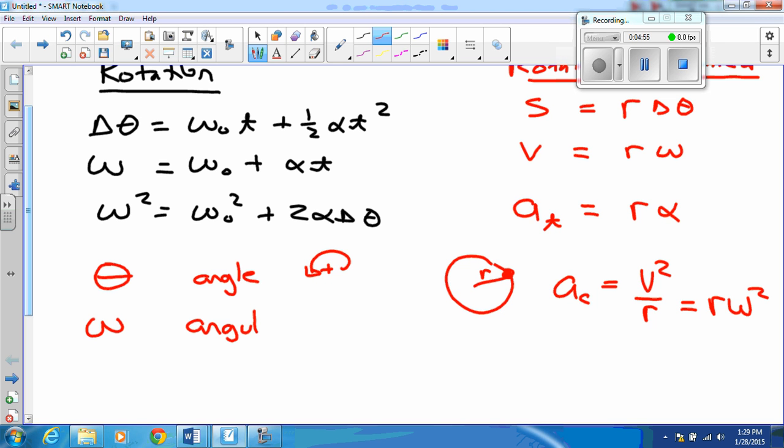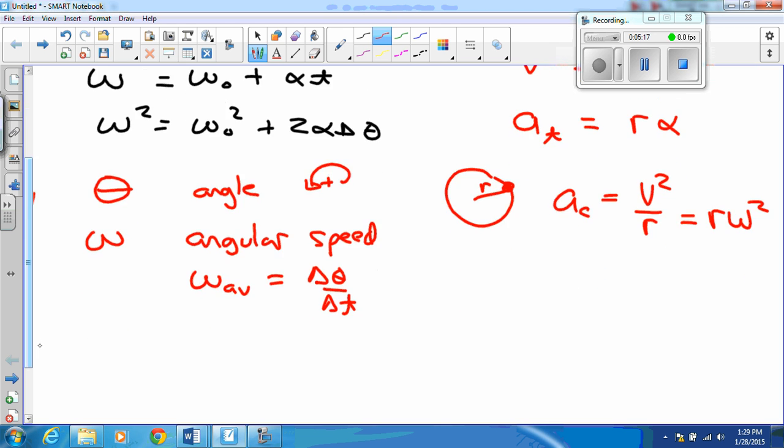Omega is the angular speed. It is the rate of change of angle, so that an average omega will be your change in angle over your change in time. So you want to think about that as how quickly we are turning around.